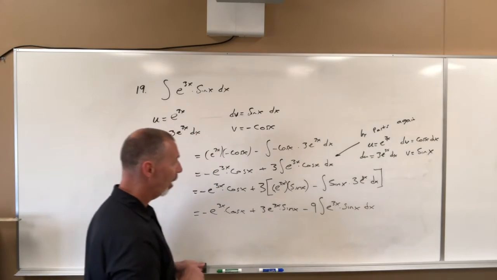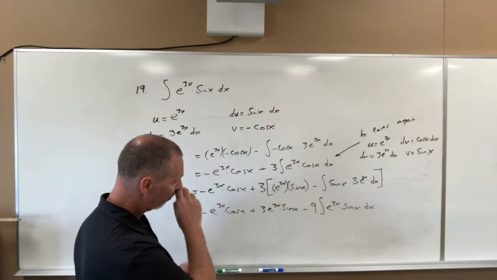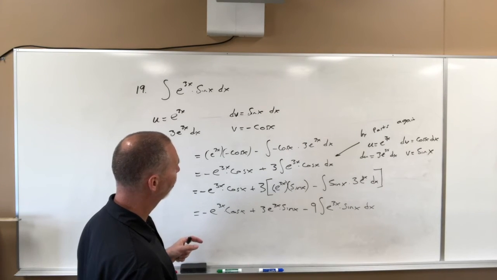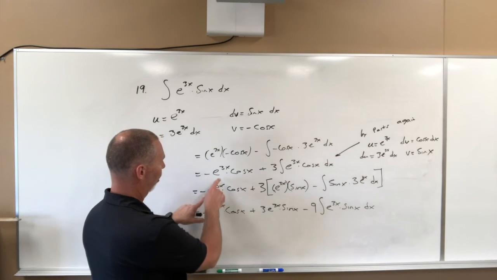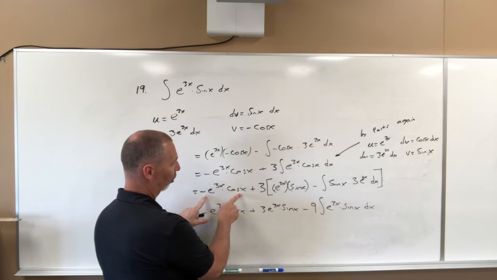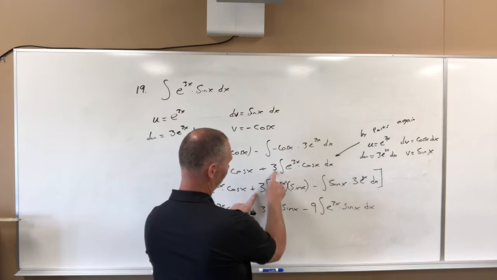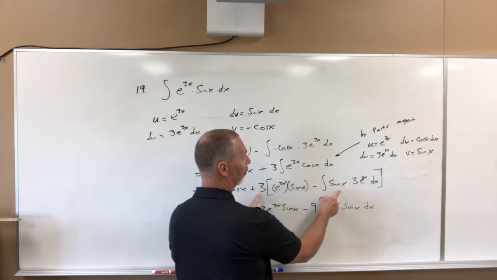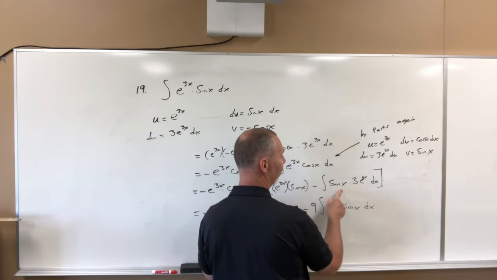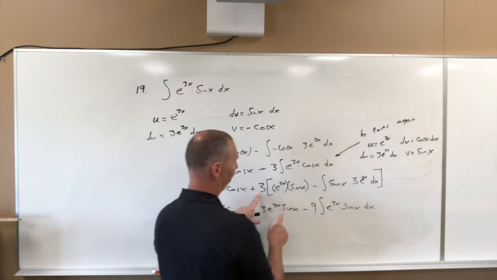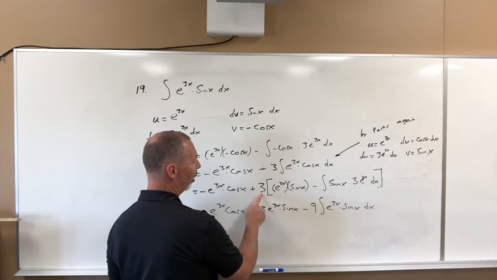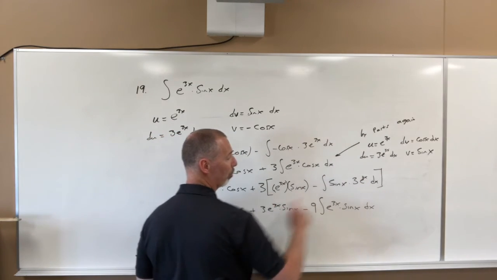And again, we're going to go back and do the same thing that we just did. Okay, we've got our negative e to the 3x cos x plus, here's the 3, and now it's u times v minus the integral of v du. All right, and then what I did in this step is I multiplied this 3 through the square brackets.